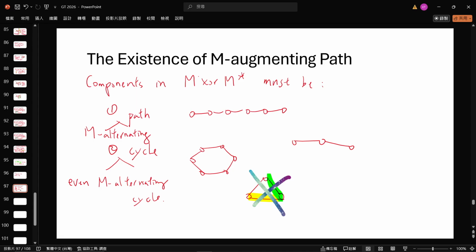So if it's an even cycle and it's alternating, then it must be the case that the green edges and the yellow edges contribute the same number of edges in the cycle.